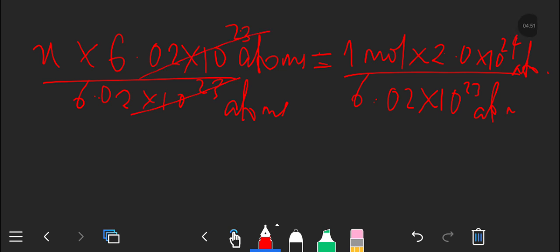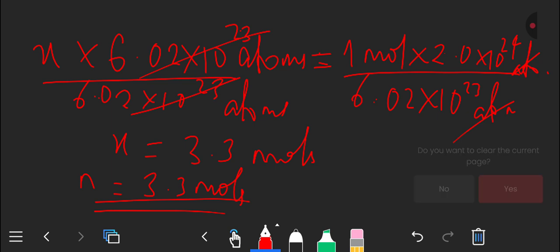So this definitely will cancel out. X will be equal to, atoms and atoms will cancel out, so we remain with 1 mole times 2.0 times 10 to the power 24 divided by 6.02 times 10 to the power 23, that is giving us 3.3 moles. So the number of moles in 2.0 times 10 to the power 24 atoms of aluminium is 3.3 moles. This is how you can find the answer.